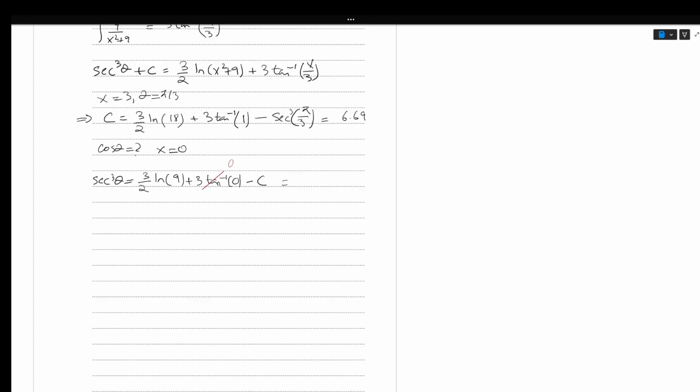So यहाँ मेरे पास आ जाएगा 3/2 ln 9, 3.295, 6.69 minus 3.295.